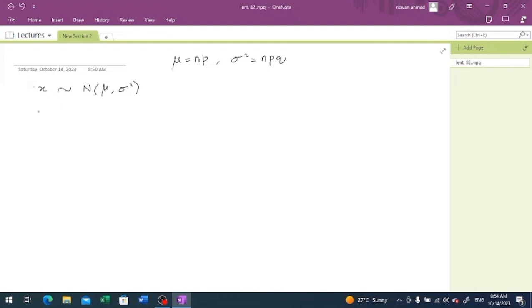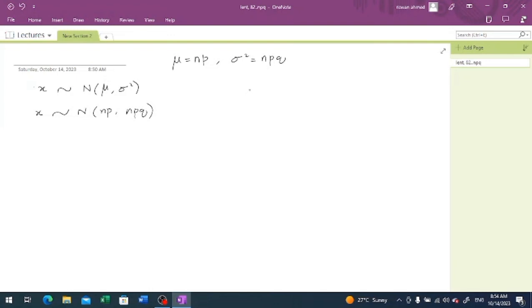Substituting, in place of mu and sigma square, we can assume that our binomial random variable also follows normal distribution if mu is replaced with np and sigma square is replaced with npq.